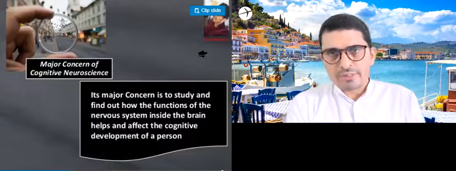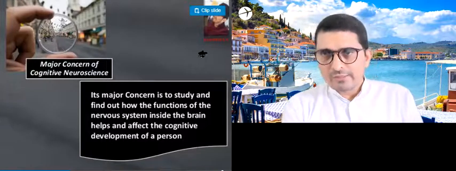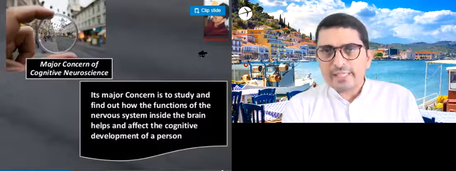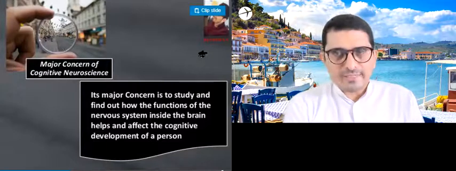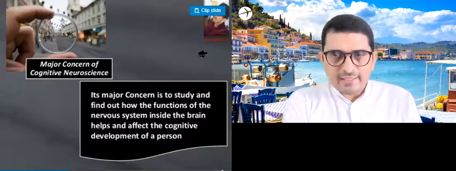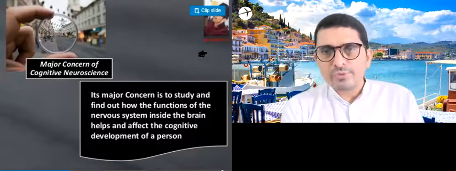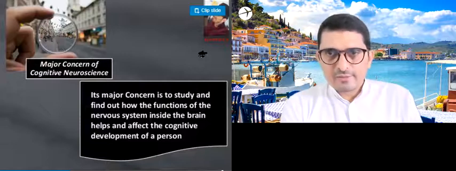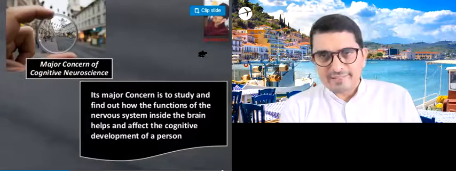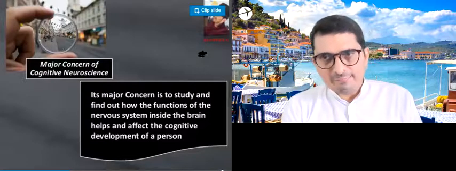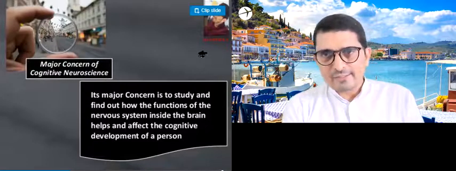So there is development. Growth and development, you might have heard about growth and development. Growth is enhancement of the size, enlargement of the size in our physical structure, increasing of our height and such things. And development is something else. It is qualitative.